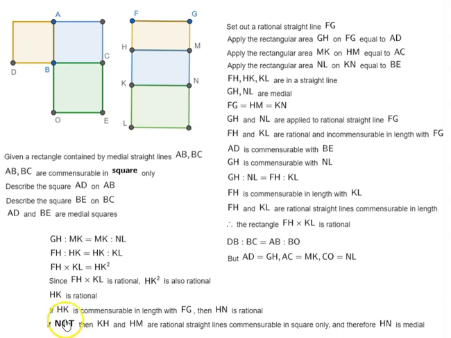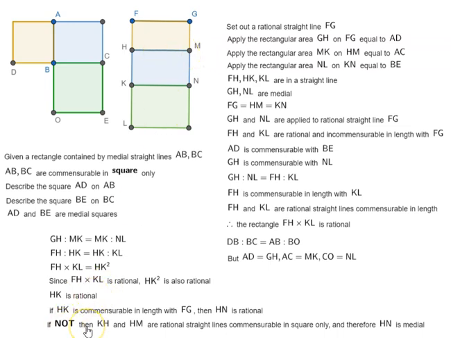Now, if HK is not commensurable in length with FG, remember FG is equal to HM. So that means HK is not commensurable with HM.